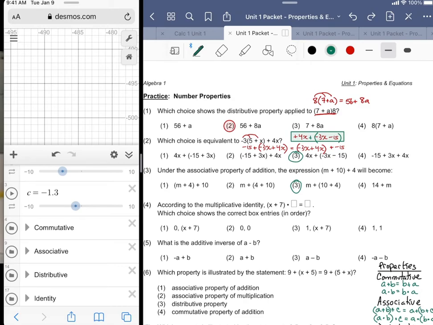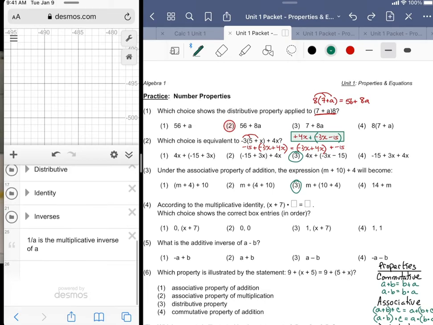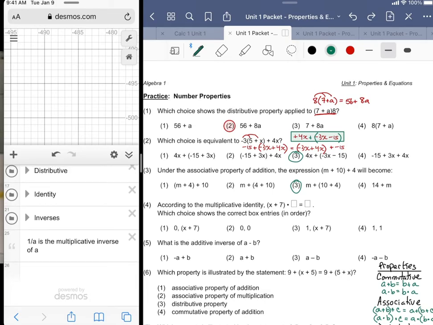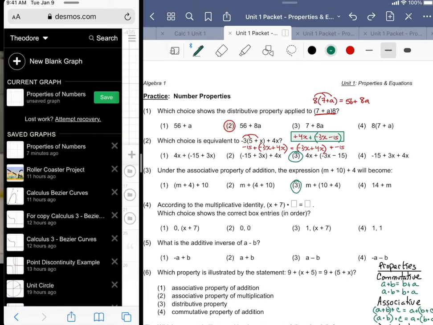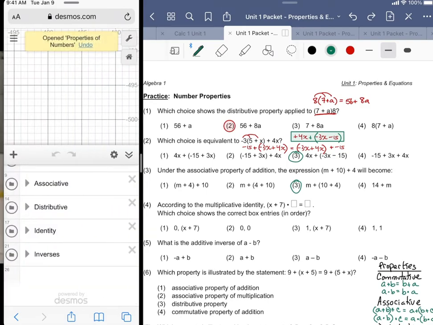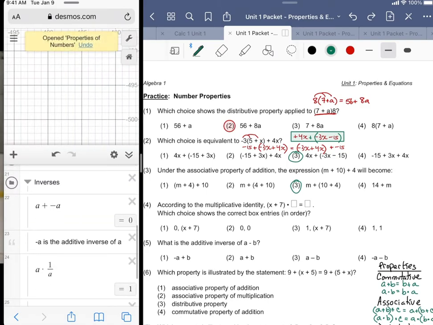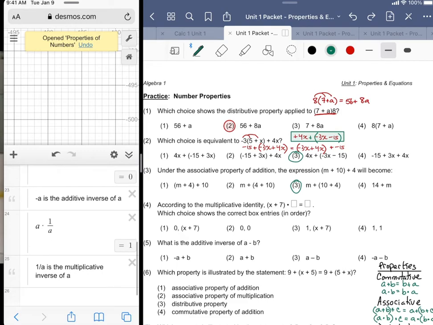According to the multiplicative identity, so this is kind of an extension on that. So if I'm not sure, I go back to my little handy dandy Desmos here. I'll take the previous one and look at the relationship for multiplicative identities. 1 over A is the multiplicative inverse.